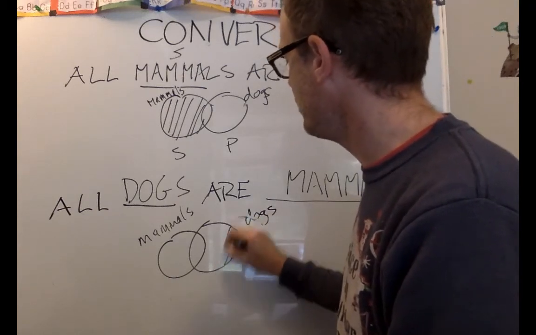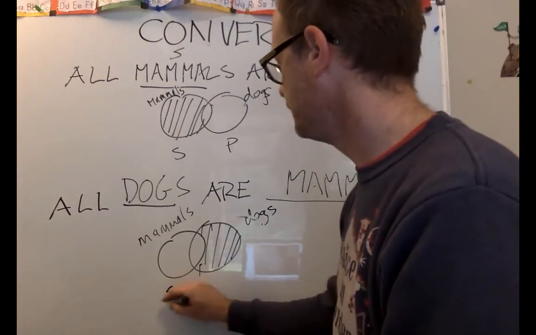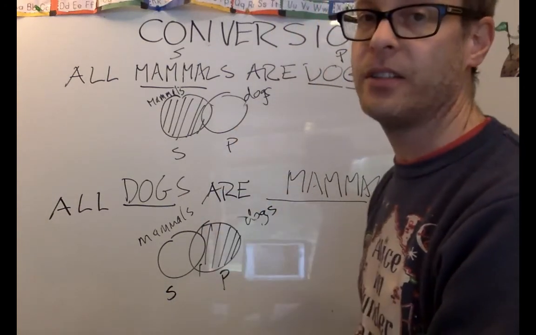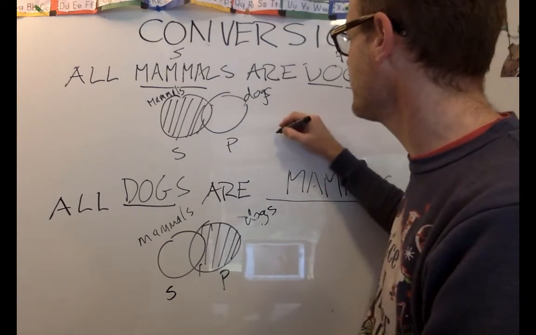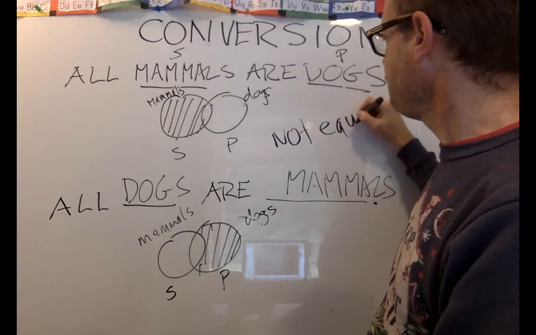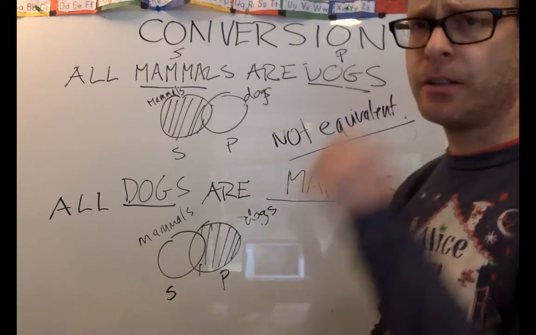So I'm going to shade in over here. Right? Anything that's a dog is a mammal. Are these two equivalent? No. So are they the same sentence? No. So you write not equivalent.